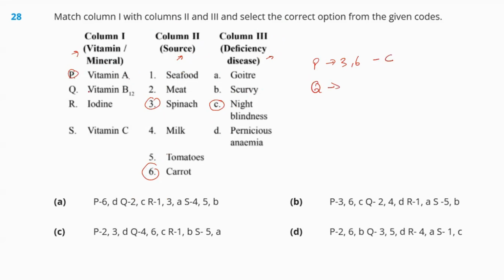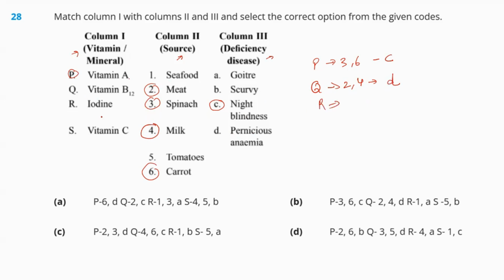What about Q? Vitamin B12. Vitamin B12 sources are milk and meat. It would be 2 and 4. And what will happen? As a result of vitamin B12 deficiency, the disease would be pernicious anemia.